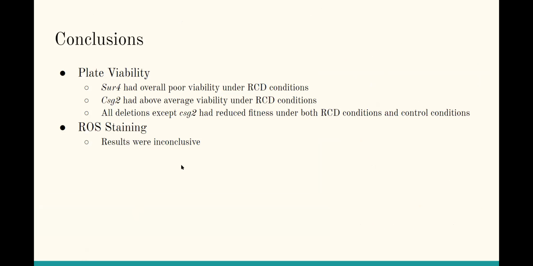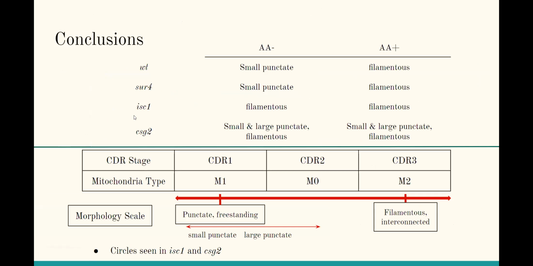The raw staining, as I said before, we did not have properly labeled samples the first time, and then the second time our staining did not take well, and so it was difficult to qualify those results, and so those results were inconclusive. Our conclusions for our mitochondria staining, though, were interesting. As I pointed out on the slides with the fluorescence, you could see the different morphologies.